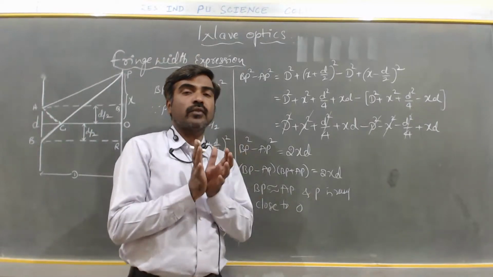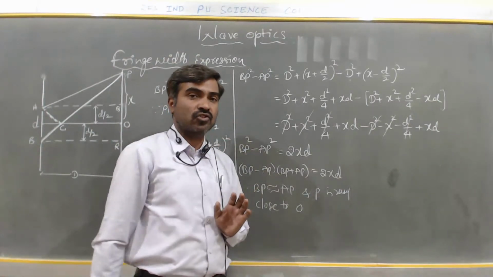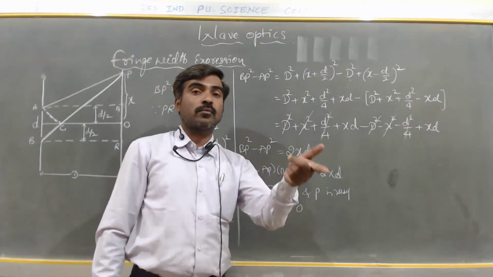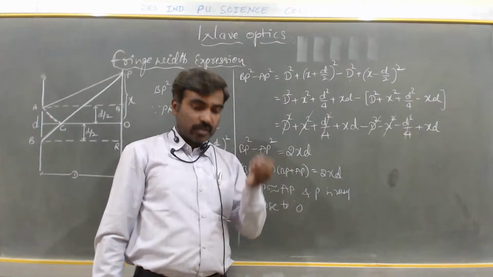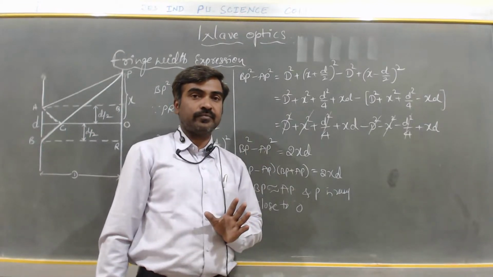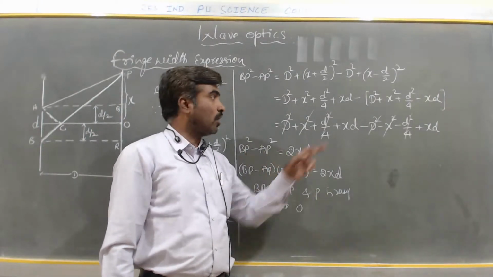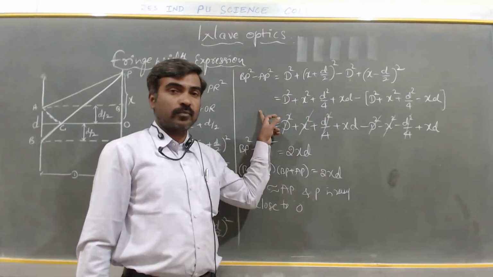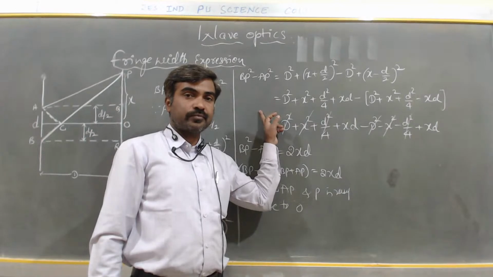Because to get the interference pattern we have a certain condition, and that condition is that the two sources which are to be superposed must be coherent. Keeping one source here and another source there, it is not possible to produce coherent sources.